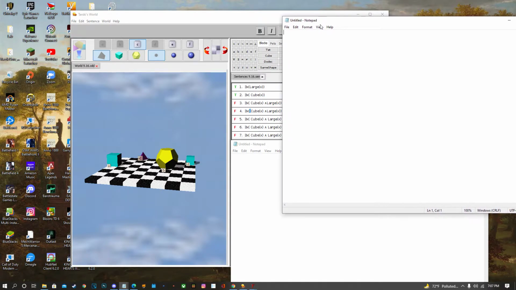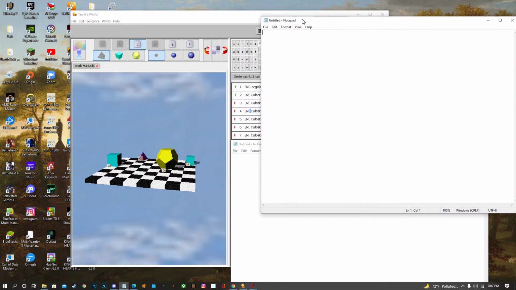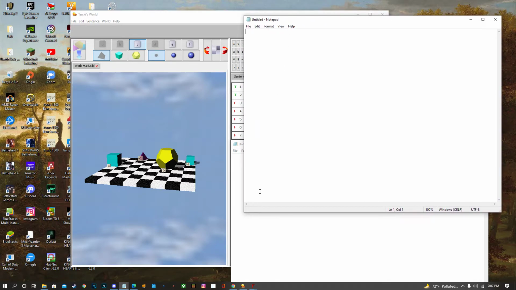However, this isn't saying that. It's possible that for all we know, there's only one large cube, and to say there are multiple large cubes would contradict that statement. So that's why we don't use a conditional here: it's not telling us anything about other cubes, or whether there are any other cubes. Maybe there's only one cube and it's large. That's one of the reasons we don't use the conditional.